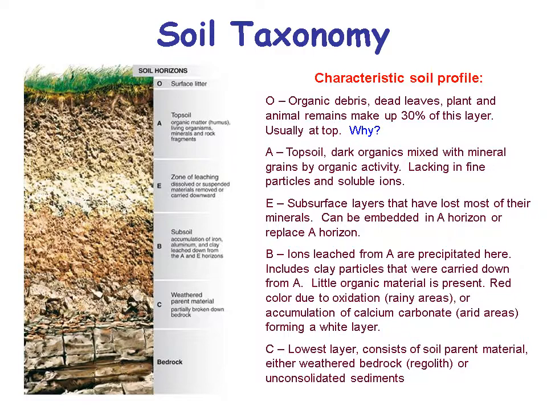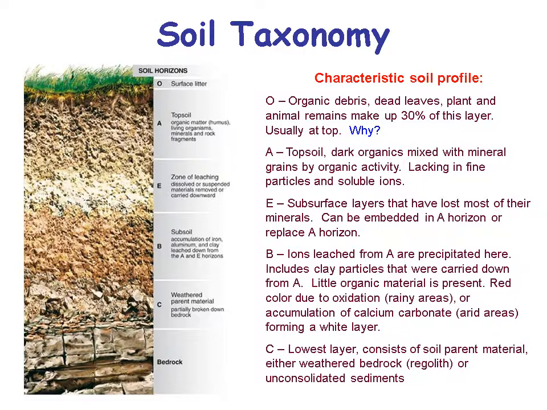That's because of oxidation. And there's an accumulation of calcium carbonate in arid areas or in desert areas that forms a white layer. So the reason you get the E layer is because that's a part of the bottom part of A where it's leached out, and those ions have leached down, and clays have leached down into the B layer.